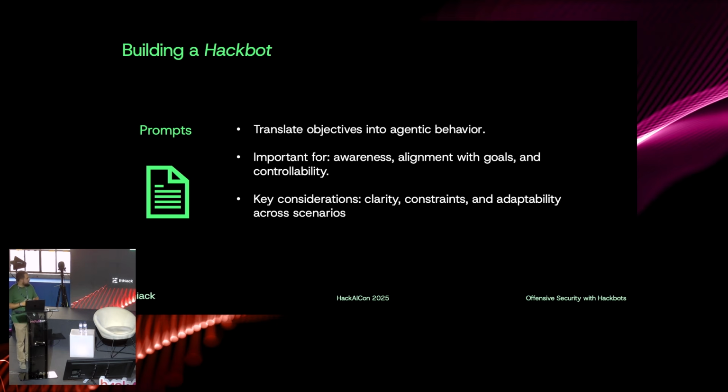It provides the alignment with the intended goals and the scope, providing controllability over the system behavior during the operations of the Hackbot. When designing prompts, the key considerations include clarity to avoid ambiguous instructions, incorporating appropriate constraints to prevent out-of-scope activities, and making sure that everything is adaptable across different scenarios.